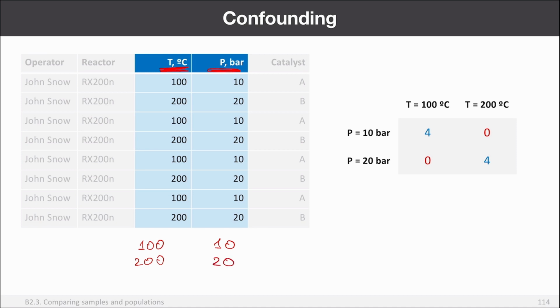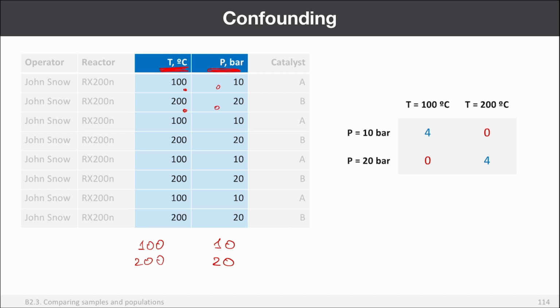However, if you look at the table, you will find out that every time I have a low temperature, I have a low pressure. Every time I have a high temperature, I have a high pressure. This situation we call confounding. It means that your factors vary simultaneously, and therefore you will not be able to see if an effect is from temperature or from the pressure.